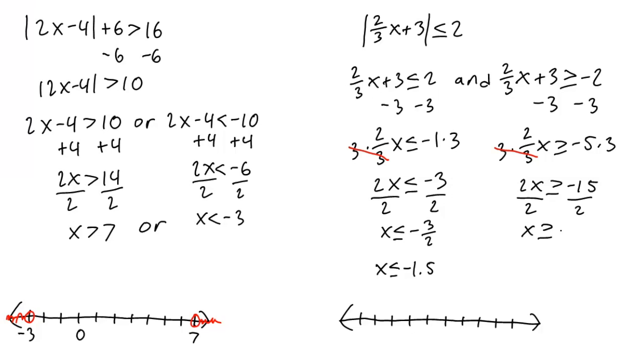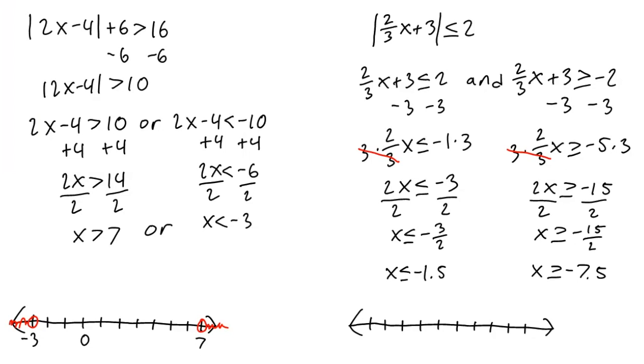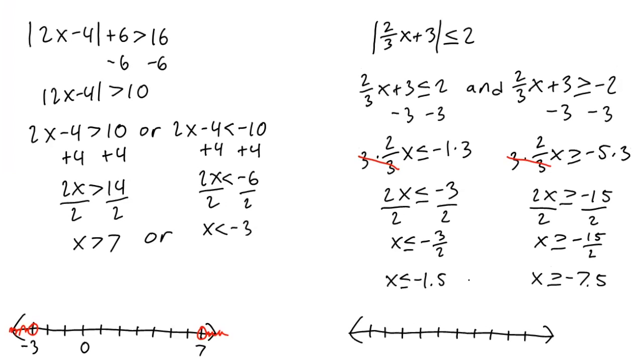X is greater than or equal to negative 15 over 2, which is also negative 7.5. So that gives us a final answer of x is less than or equal to negative 1.5 and x is greater than or equal to negative 7.5.